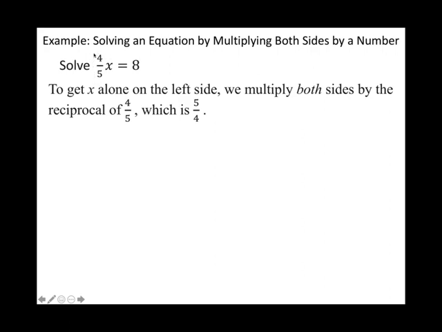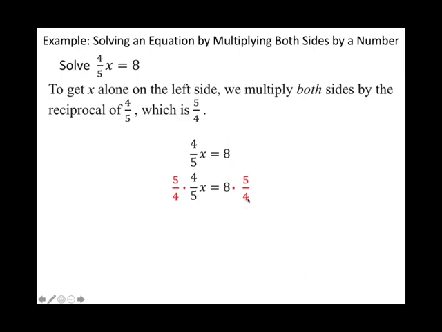The reciprocal of 4 over 5 will be 5 over 4. So I'm going to multiply the reciprocal on both sides here. You can see I can simplify it: cancel out the 5, cancel out the 4. I'm only left with the 1 here. That will be 1x on your left hand side.